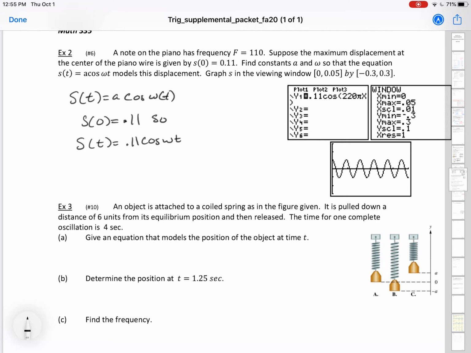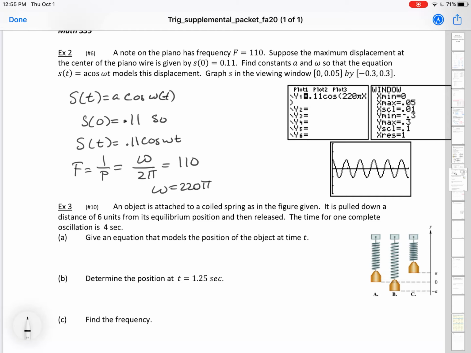Now we've got to figure out omega. So how are we going to figure out omega? The frequency is 110. Remember what the frequency is. The frequency is 1 over the period. It's the flip of the period. So that's going to be omega over 2 pi. So omega over 2 pi is 110. So that means omega is 220 pi.